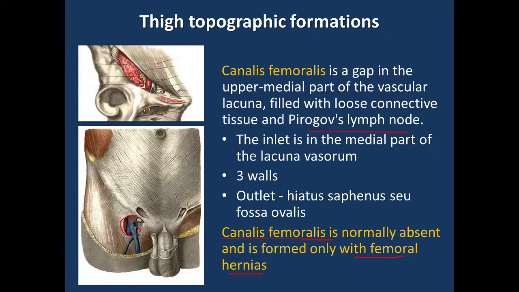Usually this canal starts from the medial part of the lacuna vasorum and ends in the hiatus saphenus, where fatty connective tissue and the vein we call the vena saphena magna are located.